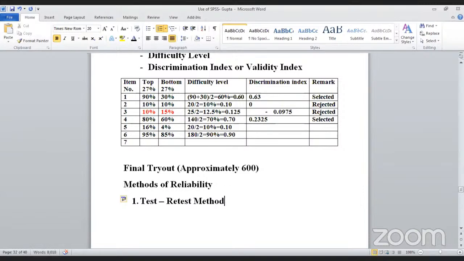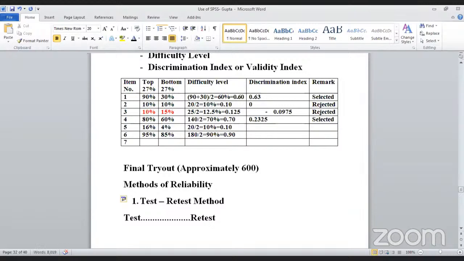It is self-explanatory: the tool which you have developed and whose reliability you want to establish, you have to administer it on 600 people. And then you do the scoring. So that becomes your test. Now on the same people, after some time, you again re-administer. So, retest.